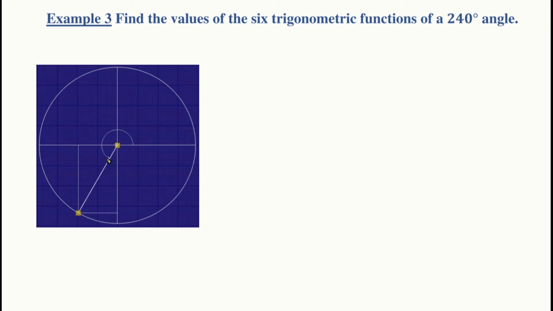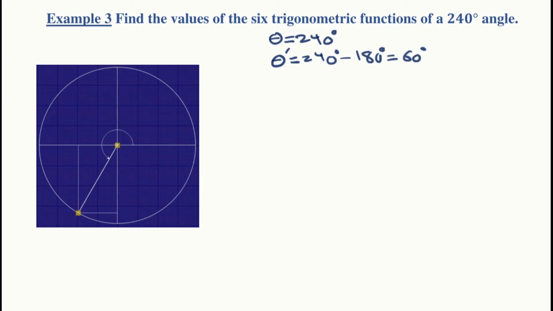So if theta, the original angle, is 240, then the reference angle here is going to be 240 minus 180, which is going to be 60 degrees.